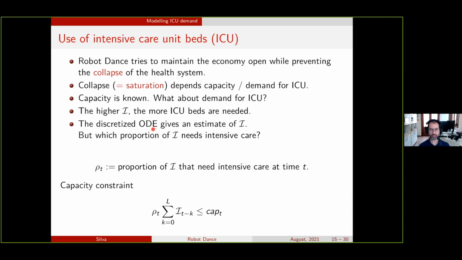Using the differentiation, we can estimate the number of infected people, but we need to find out what is the proportion of those people that need intensive care.